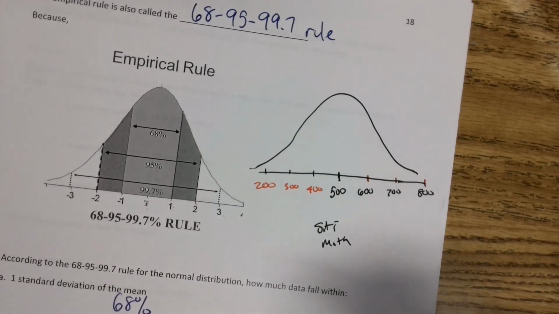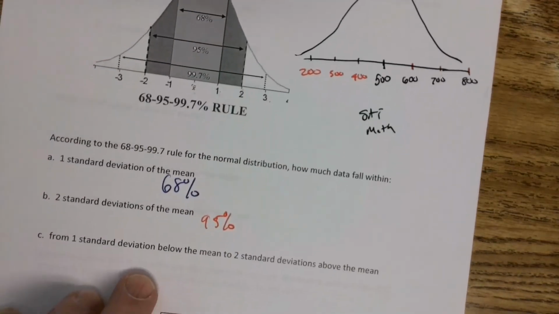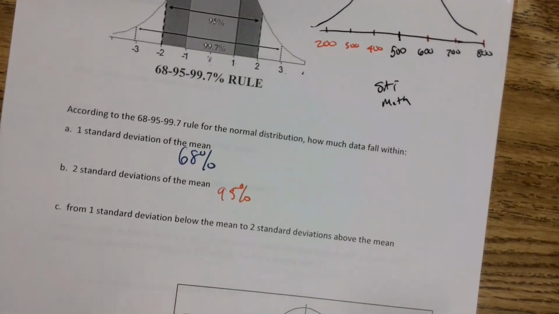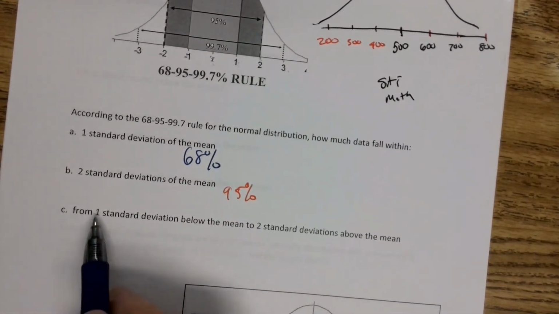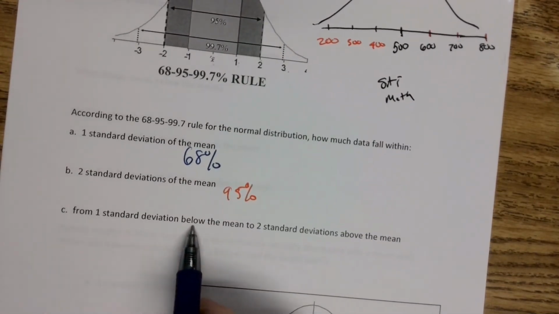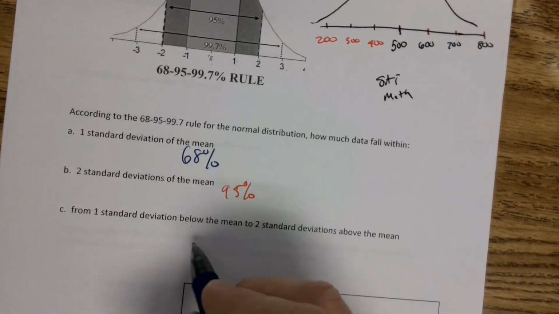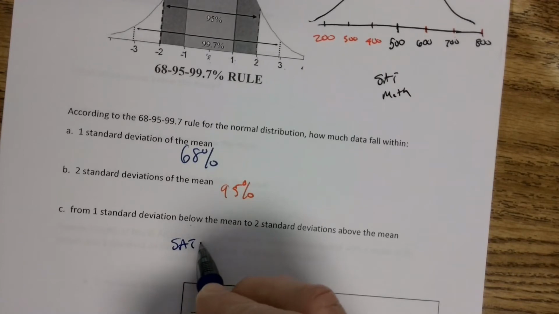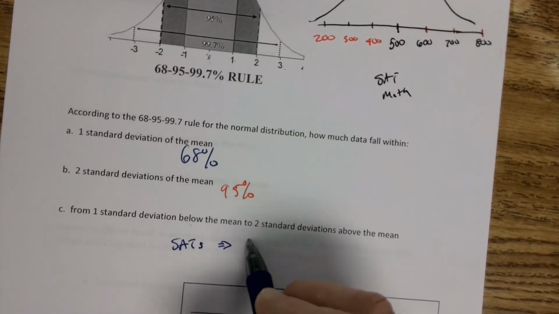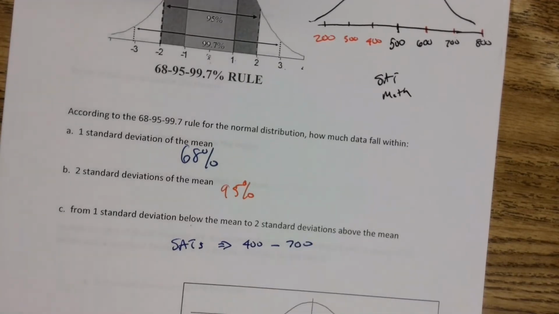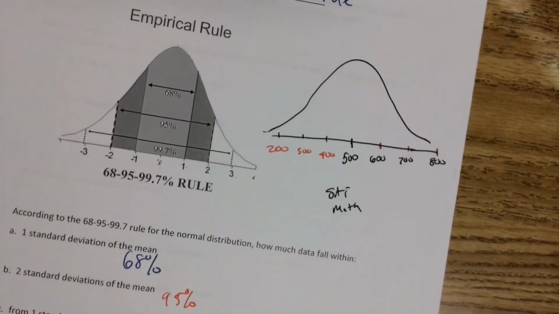Okay. So here are the harder questions. What percent of people score from one standard deviation below to 2 standard deviations above the mean? So for the SATs, that would be from 400 to 700. What percent of kids are between 400 and 700?